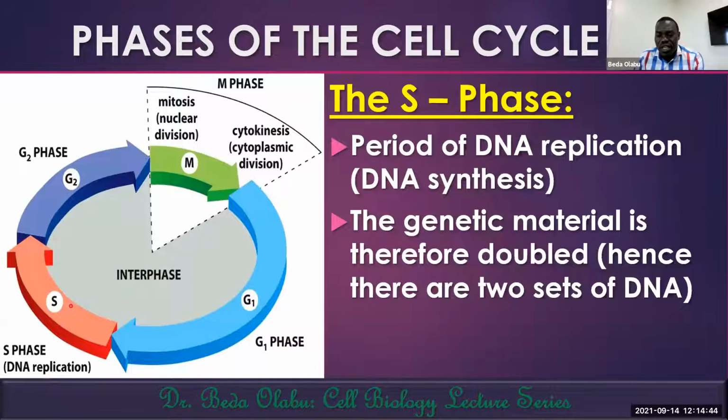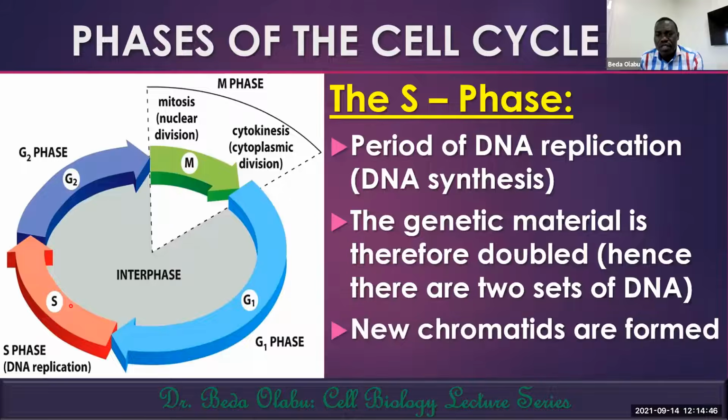In that case, therefore, when we are going to have chromosomes, a chromosome will be having 2 chromatids, because now we've made an extra set of the genetic material. So each chromosome at this stage will be having 2 chromatids each.